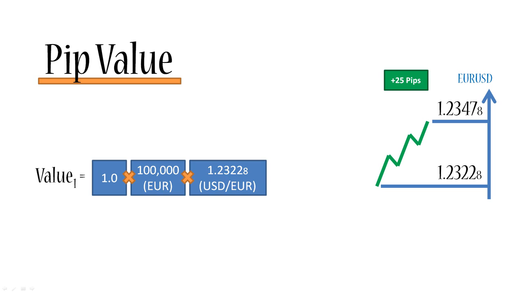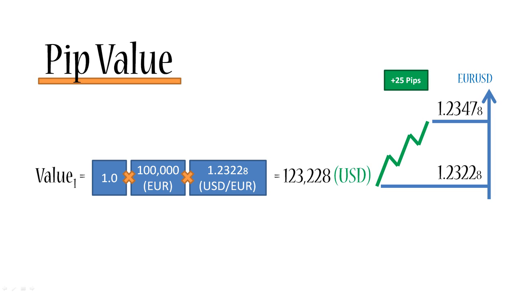So if we replace those, we'll look at an example where we bought 1 lot. So 1 lot times 100,000 euros times 1.23228 dollars per euro. And that gives us $123,228.